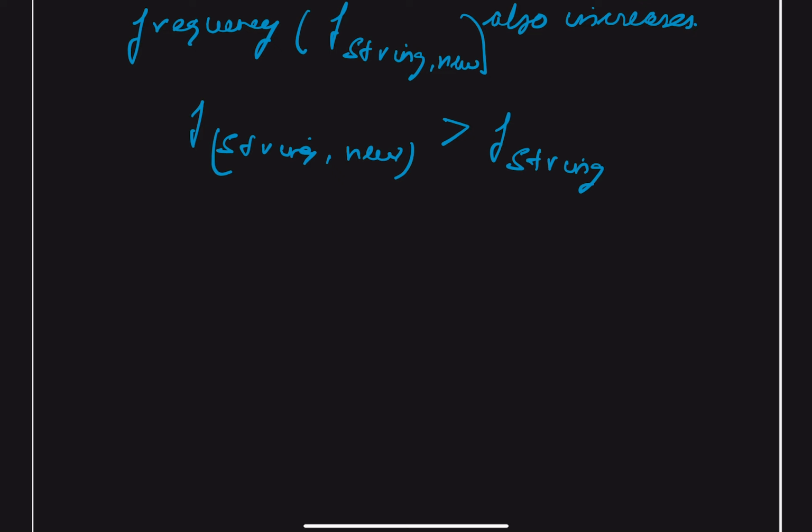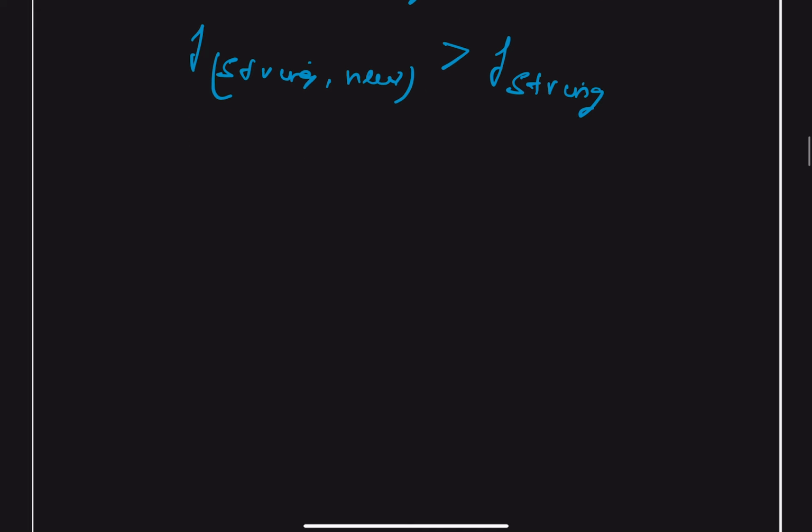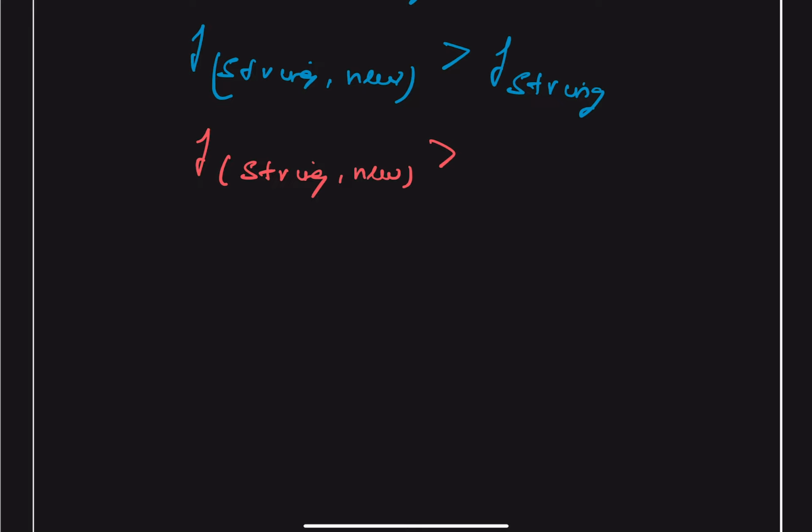Therefore, we can say that F string new will be greater than 340.